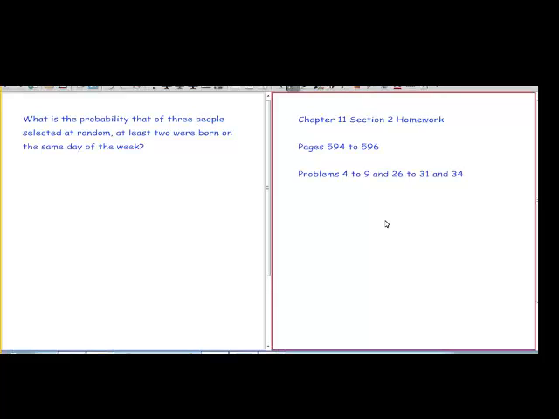What I'm looking for is you to actually write this out and do it so you wouldn't have to have factorial if you didn't have it on your calculator. Not everybody's calculator has factorial. So make sure you know how to do it the long way. Show all your work.